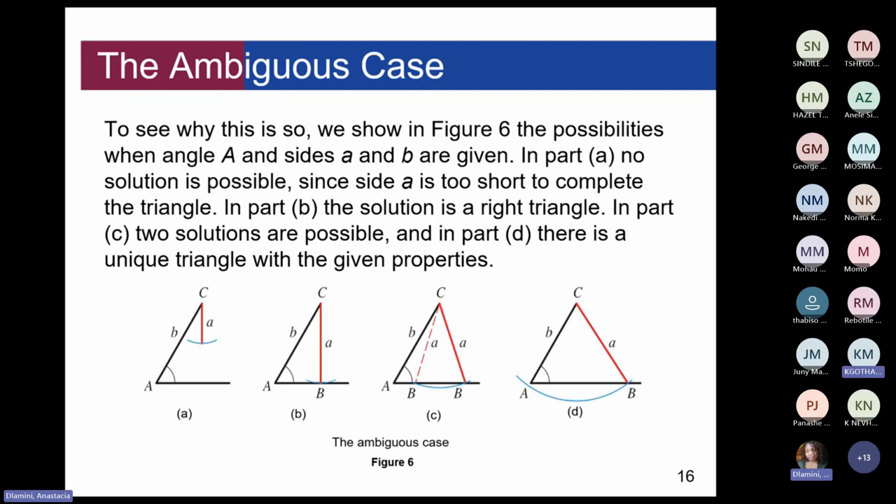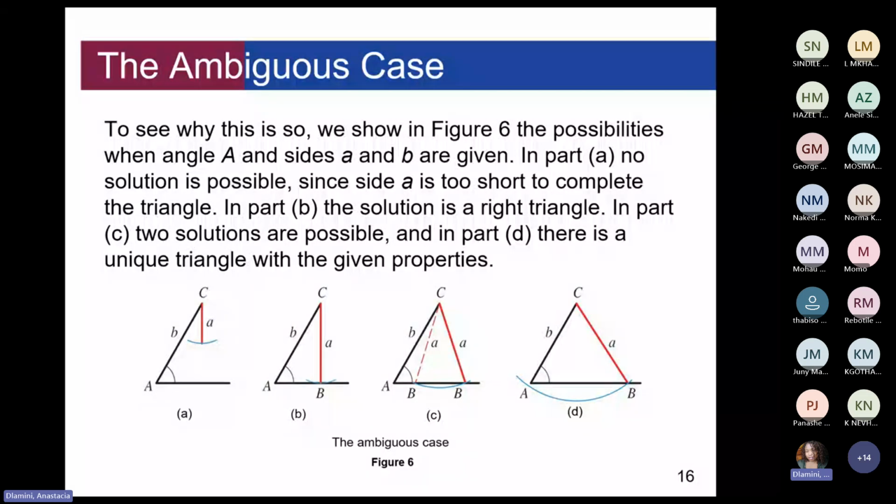So to see why this is so, we show in figure 6 the possibilities when an angle A and a side AB are given. Sorry, I'm getting too excited. I'm explaining angles and I'm reading at the same time. This thing of multitasking. Okay, so let's try it.